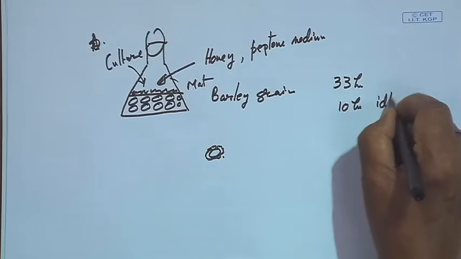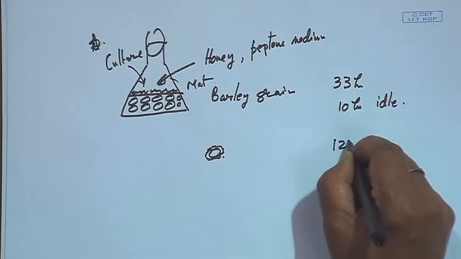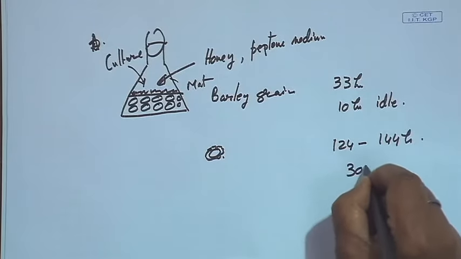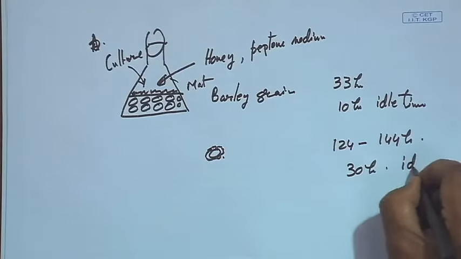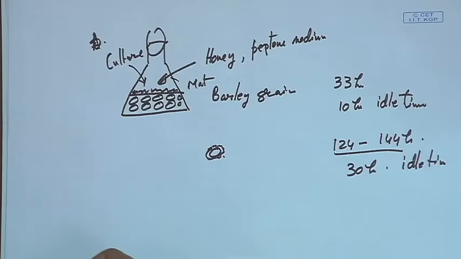In the production fermenter, the time is 124 to 144 hours, and here the idle time is 30 hours. This is the total fermentation time. You have to give this time, and only then will the mycelia build up. The purpose of the agitator is to keep the cells in suspension in the fermentation media, so they freely interact with the media and give the products. That is why it is required.